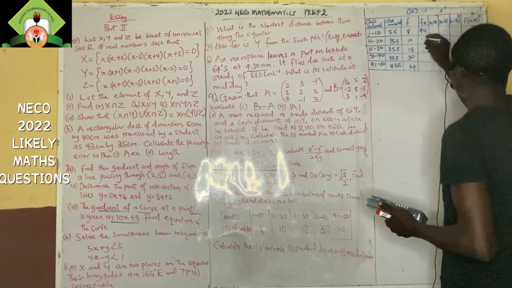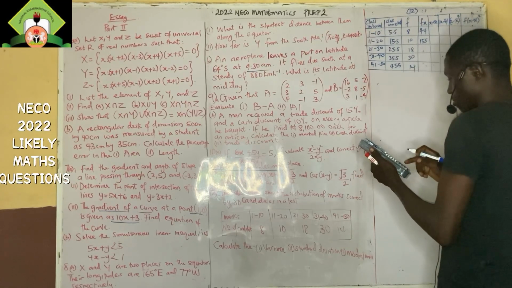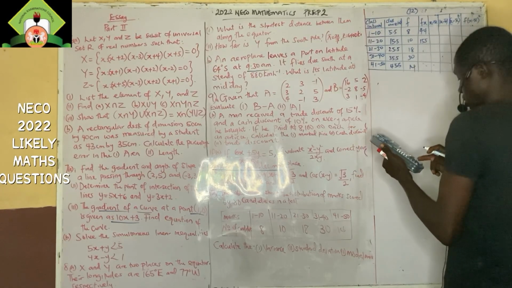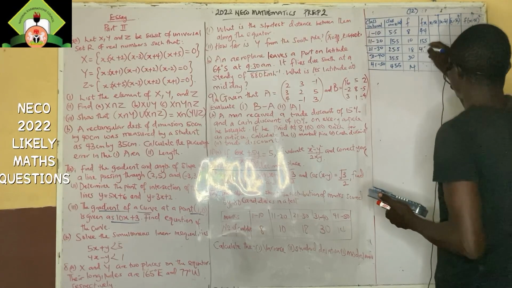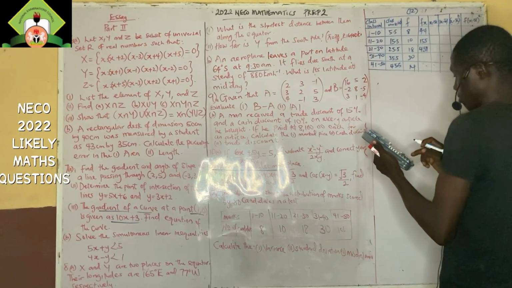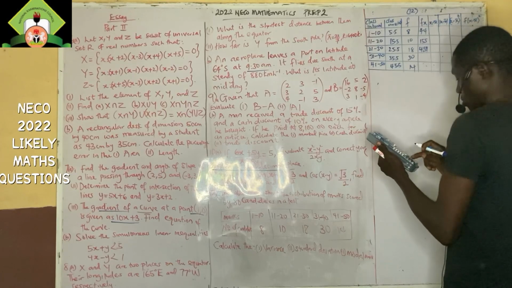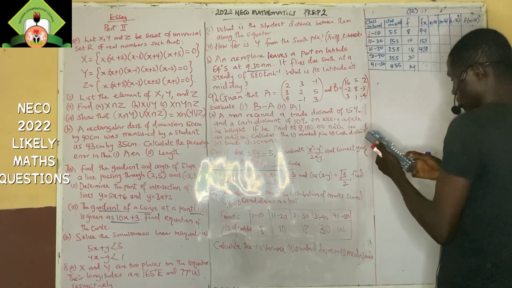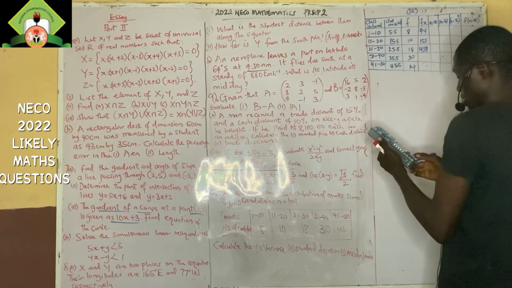This one will be 155. 25.5 times 18 is 459. 35.5. 12.5 times 30.